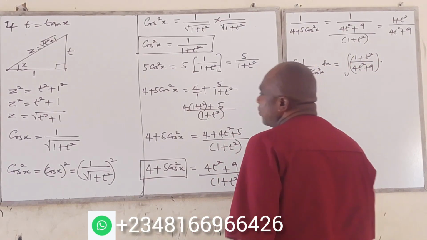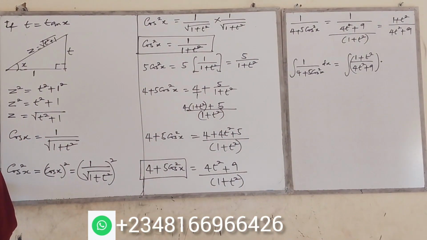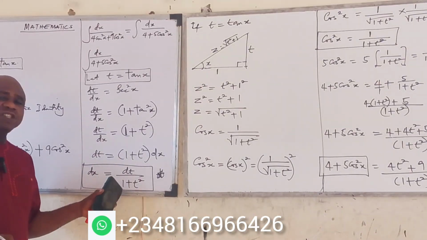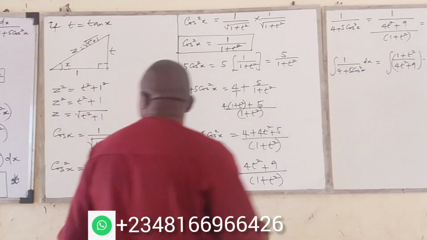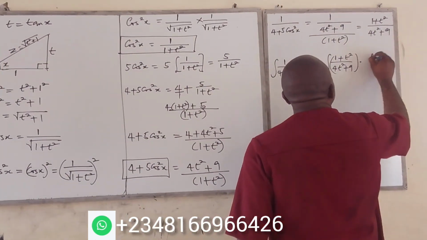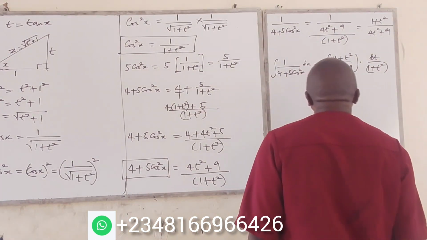Now let's go back to the value of our dx. We said dx is equal to dt all over 1 plus t squared. It therefore means that here we have dt all over 1 plus t squared. That's the value of dx.